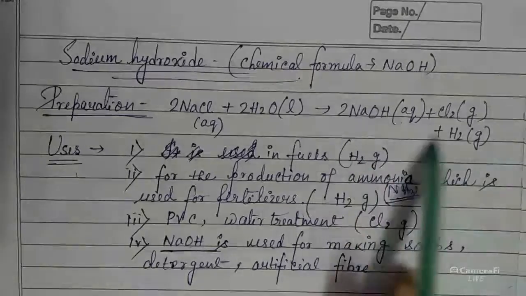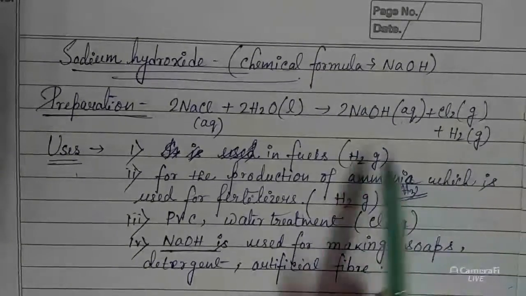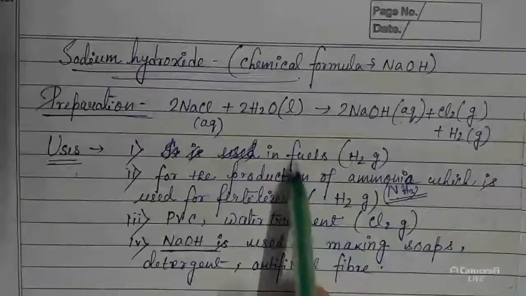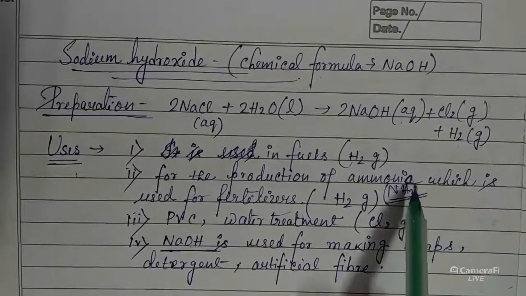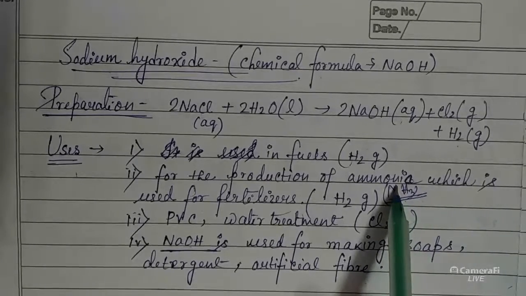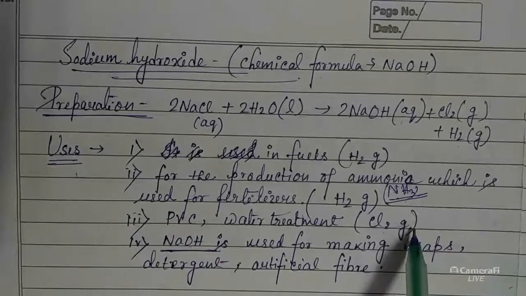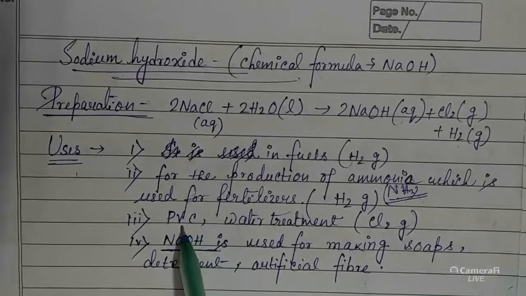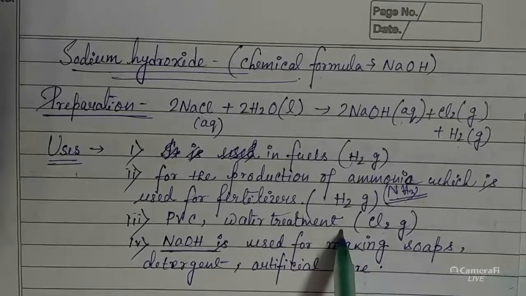Okay, and these three also have some uses. Hydrogen gas can be used in fuels and for the production of ammonia, which is used for fertilizers. Chlorine gas is also used for polyvinyl chloride production, that is the polymer, and for water treatment also we can use the chlorine gas.